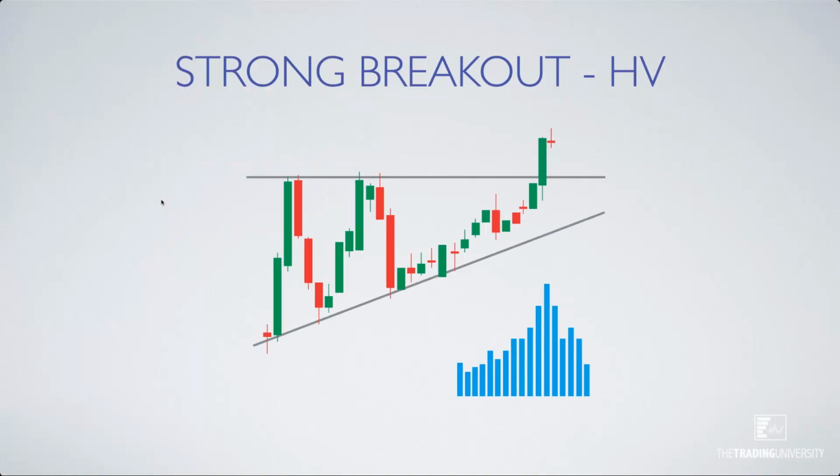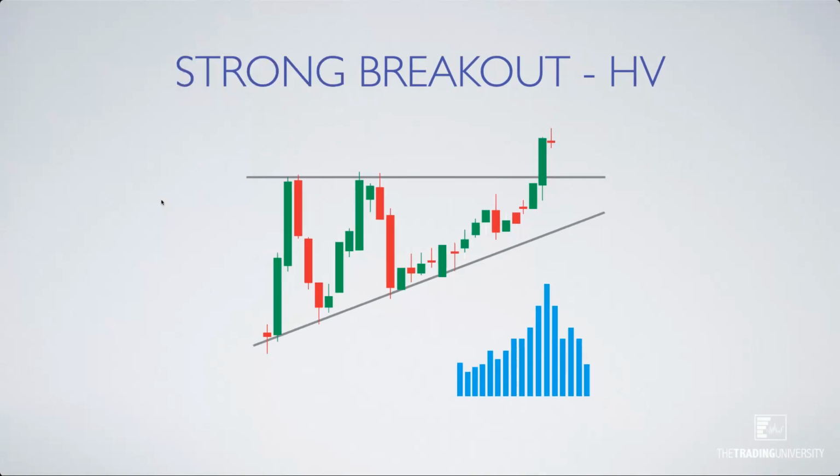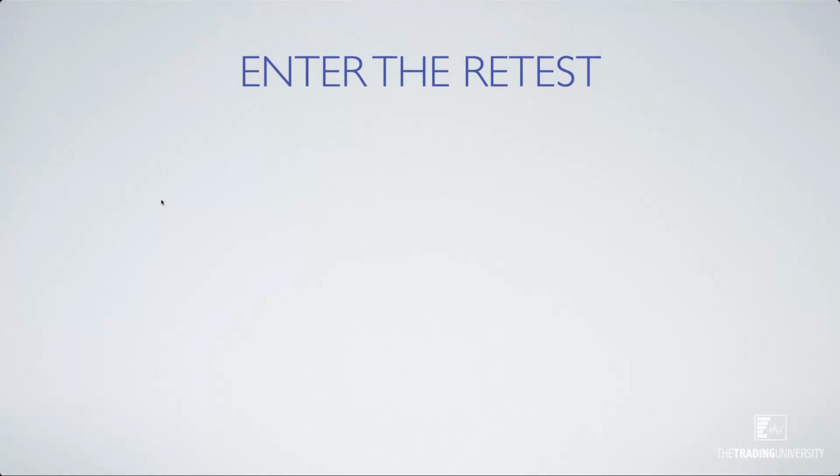Did it push through on volume and hold for a minute, or was it quite weak? And then you're just using that level again, that support level, that resistance level that is now support, as a good risk reward spot. Usually by the time you get to the retest, the move has been mostly validated for me.